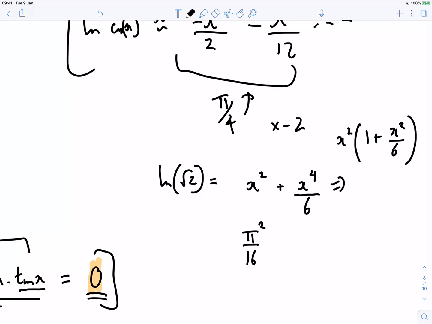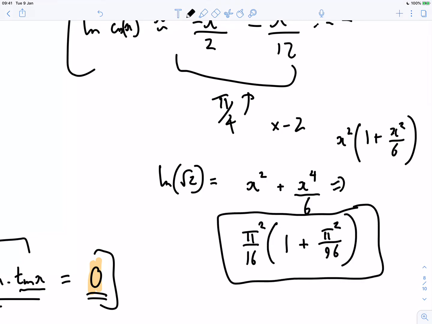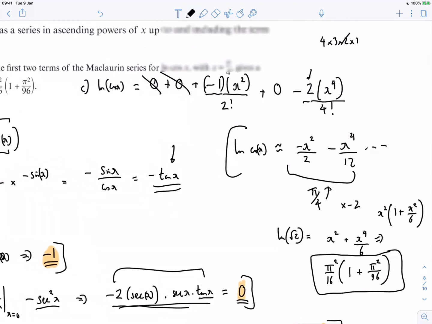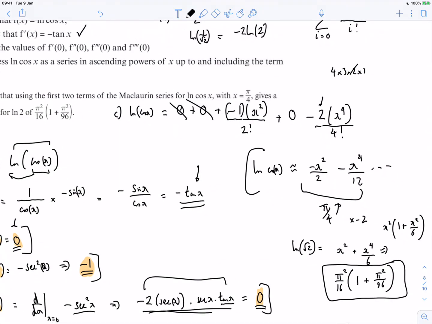So this is pi squared over 16 times 1 plus pi squared over 96, since 16 times 6 is 96. Was I supposed to get pi squared over 16 times 1 plus pi squared over 96? Yes, I was. Tick.